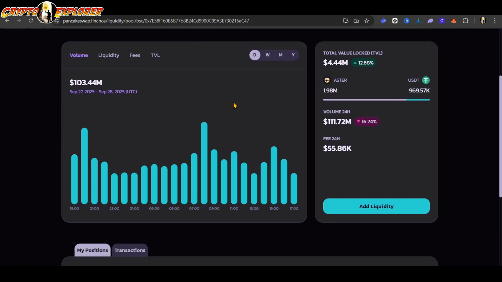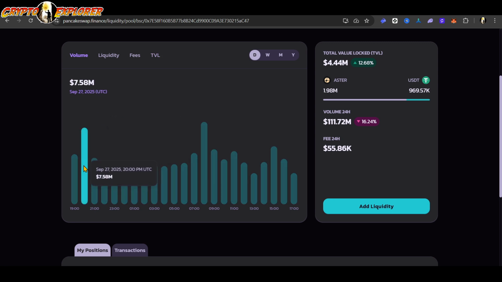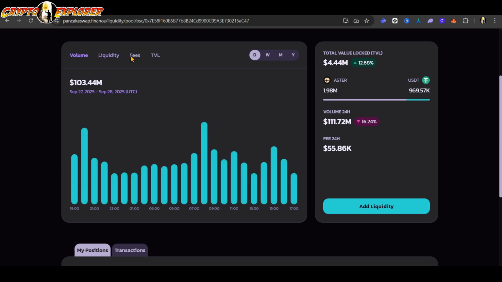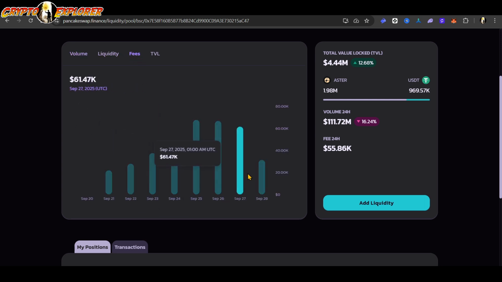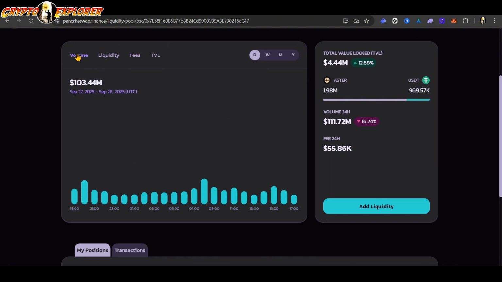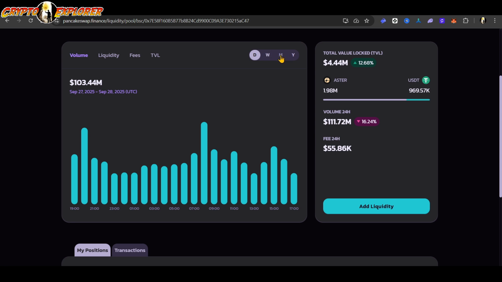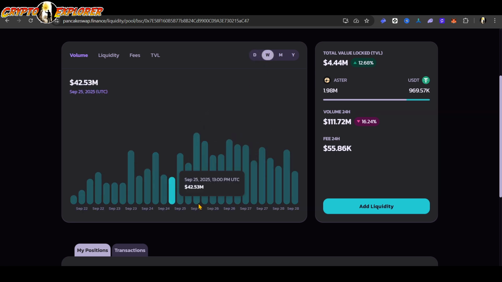Then all of the information being shown here is volume, liquidity, and fees. Volume relates to the amount of money flowing through the pool. The higher the volume, the higher the fees will necessarily be. So here we have the two highest fee-generating days, September 25th and 26th. If we go back onto volume and go with a weekly chart, we will see the same thing: September the 25th and also the 26th.